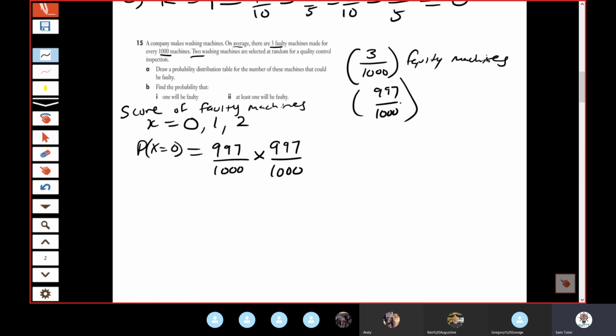All right. So faulty 997 on 1,000. Yeah, perfect. I think we get that now. Probability of 1 being faulty would obviously be 3 over 1,000 times 997 over 1,000.